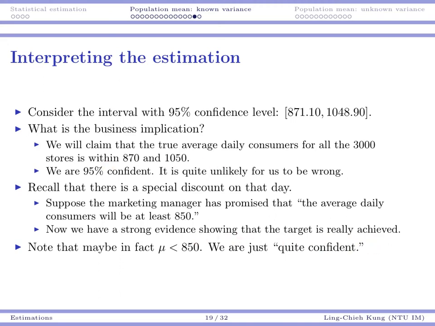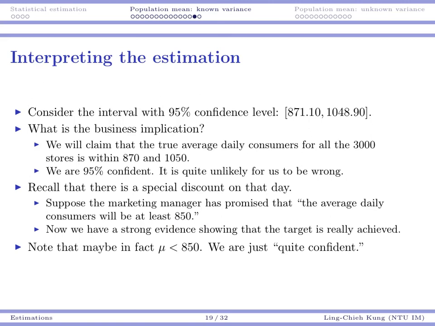It's because with 95%, mu is within 870 and 1050. So we are 95% confident about this. Then obviously we are 95% confident, or actually even more, that the target has been met.